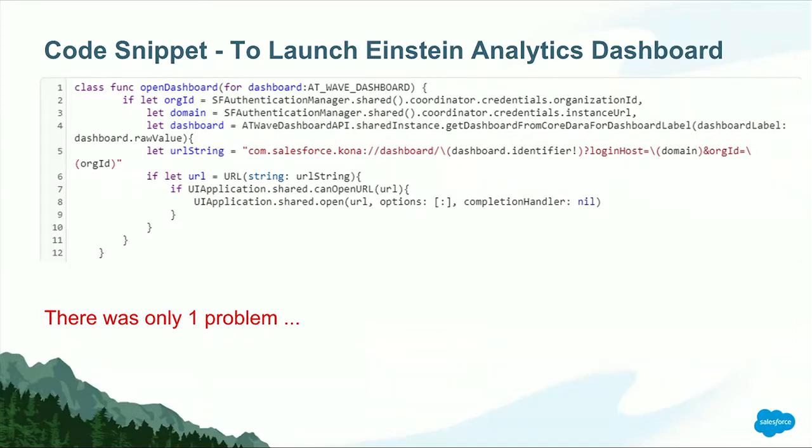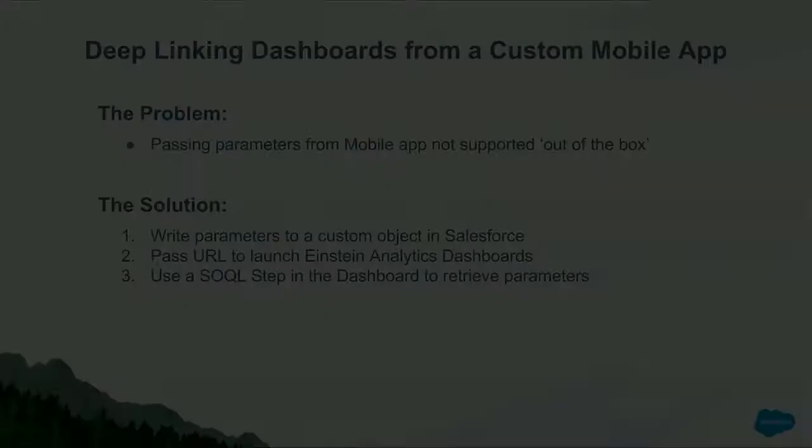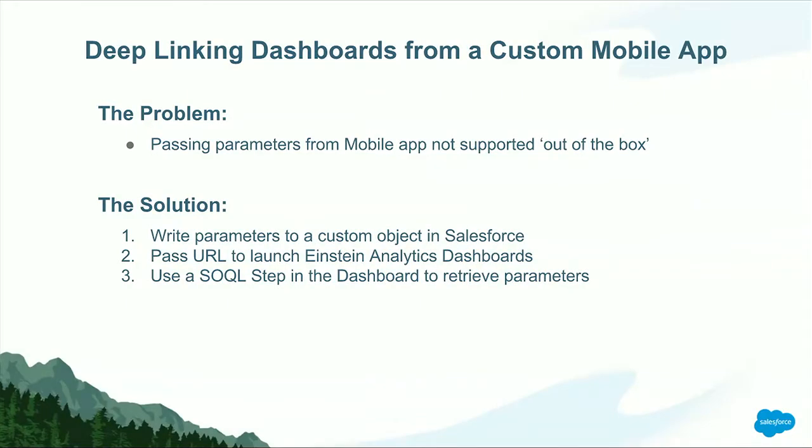So we gave it some thought, started looking at what tools we had available to us, and we came up with what we felt was a novel solution, and originally is what we were going to present here today. So what we did is we basically wrote those parameters to a custom object in Salesforce along with the user ID. And then we would launch our Einstein Analytics dashboard. And in Einstein Analytics, it knows and has access to what the user ID is because you're authenticated.